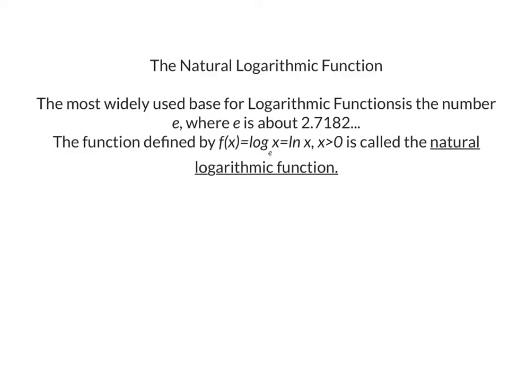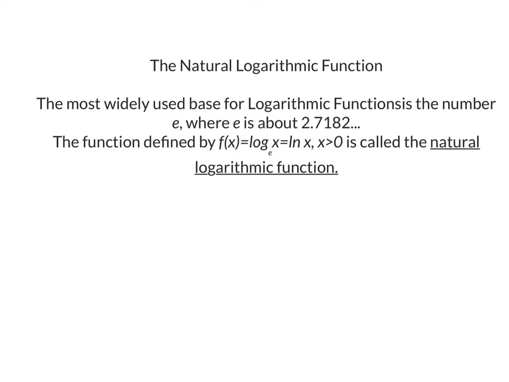So the natural logarithmic function, the most widely used base for logarithmic functions is the number e, where e is about 2.7182. The function defined by f of x equals log base e of x equals the natural log of x, as long as x is greater than 0, and it's called the natural logarithmic function.